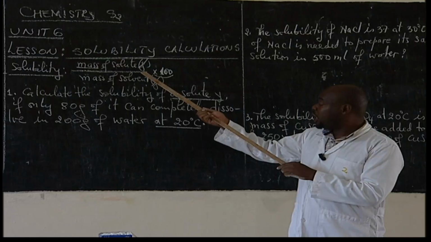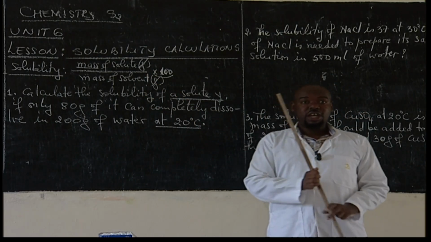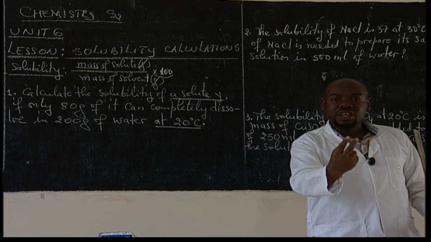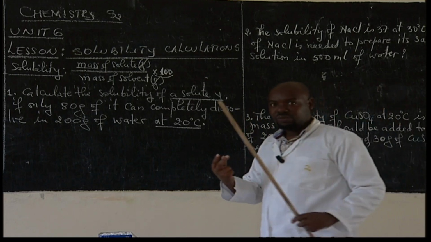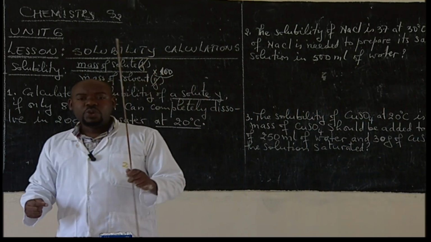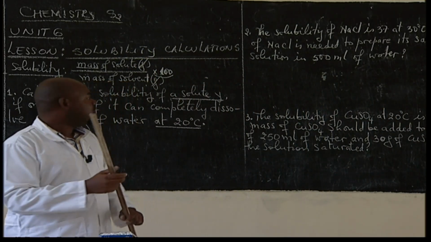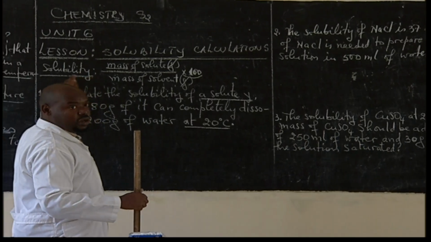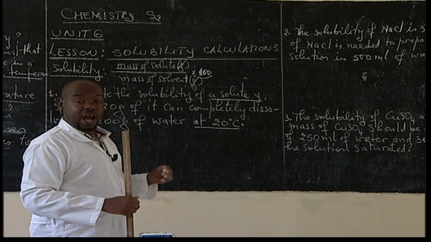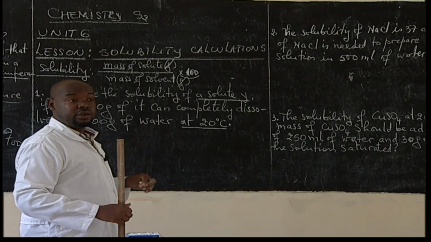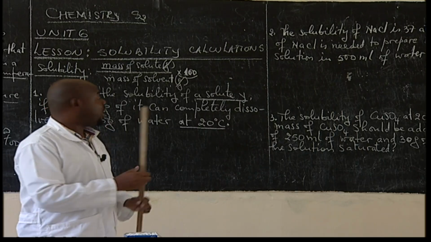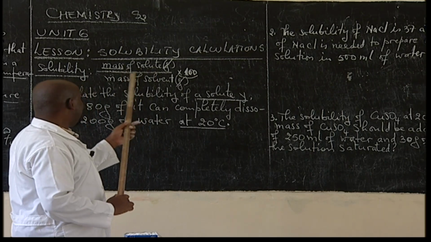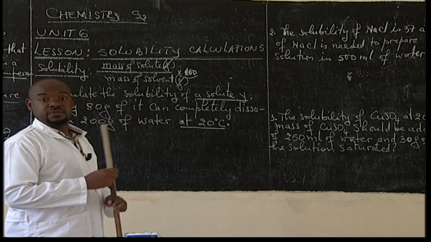So from the formula, we have to check if we have everything we need. Do we have everything we need to just apply this formula? So we have to go back in the question and see if we have mass of solute and the mass of solvent.